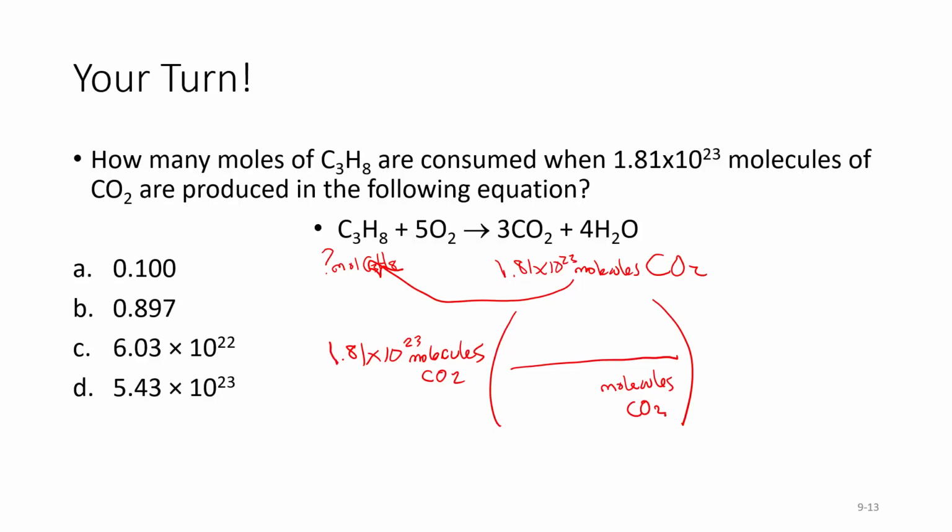And the first step we have to do is convert it to moles. Then, from moles of CO2, we can get to moles of the second substance. Substance B is C3H8.